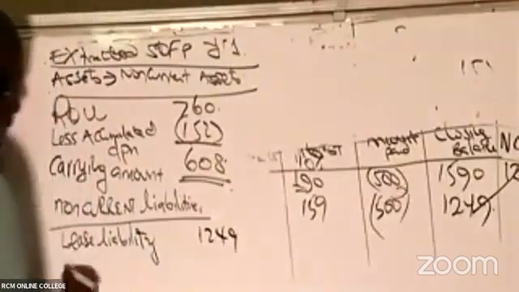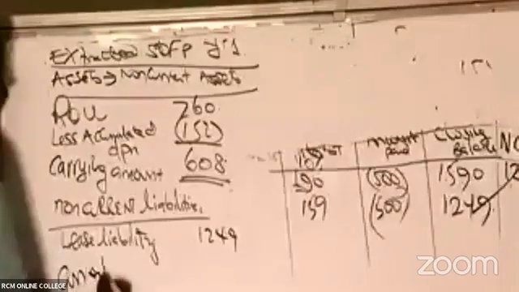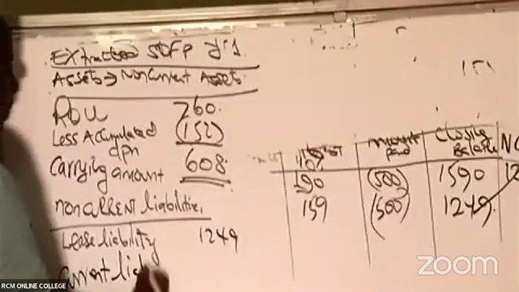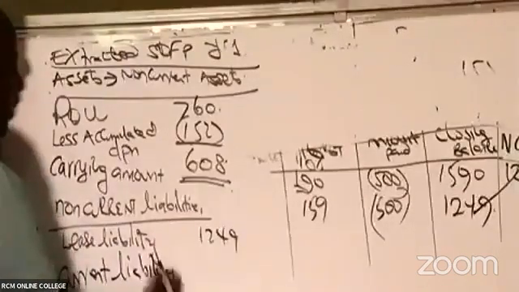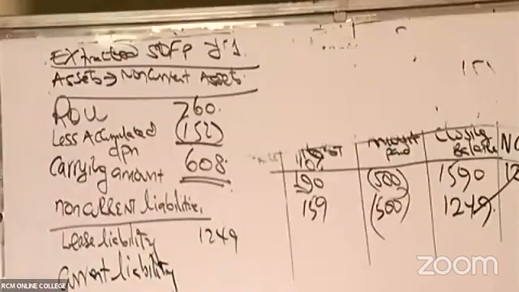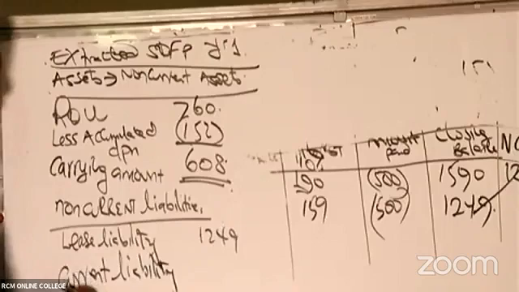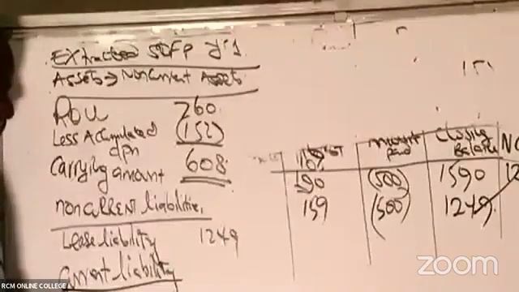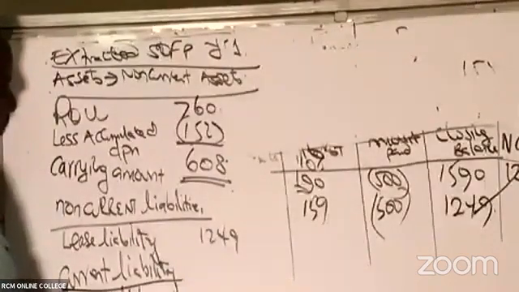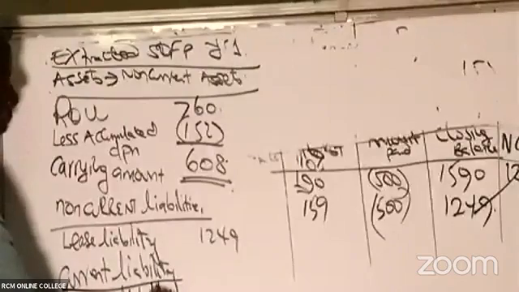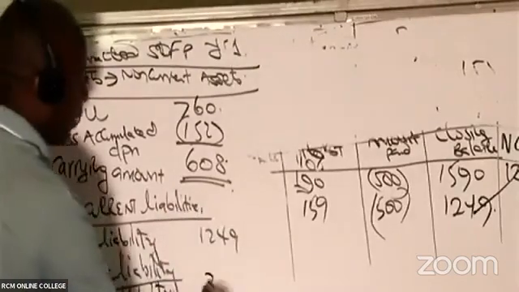And then we have in this case here current liability. So we have lease liability, the current amount of 341.